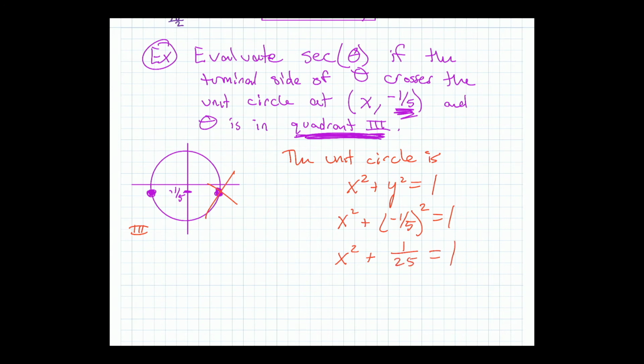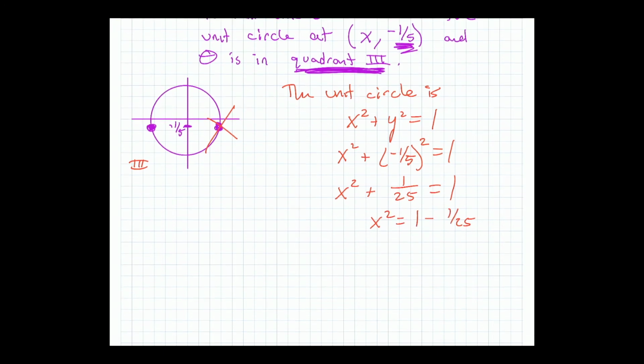You subtract the 1/25 over to the other side. You get x squared is 24/25. So x is plus or minus the square root of 24/25, which is plus or minus, do square root separately on the top and the bottom, and you get square root 24 over 5.